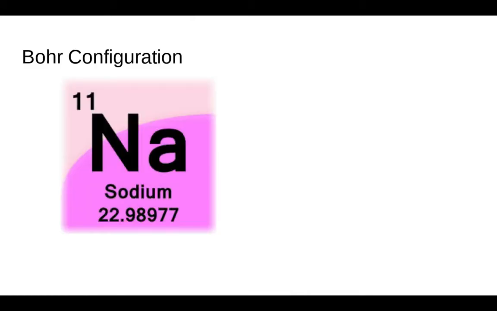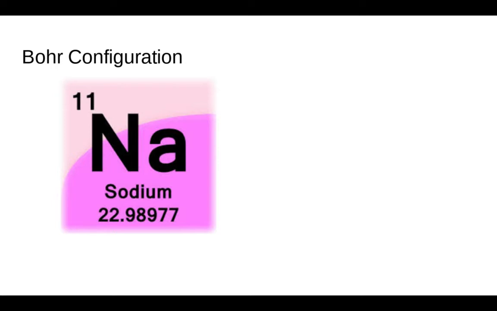So we know that this is sodium. We know sodium has 11 protons. If it has 11 protons, it has 11 electrons. And then the neutrons is this number minus this number. So 23 minus 11 is 12. So 12 neutrons. But we're only interested in the electrons, of course.